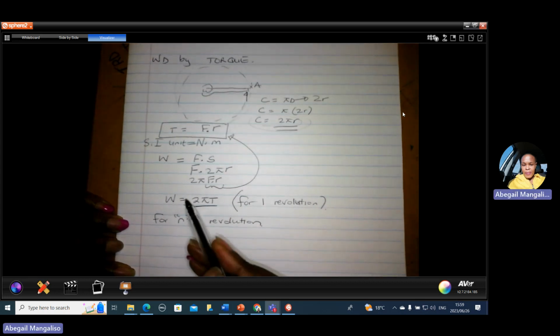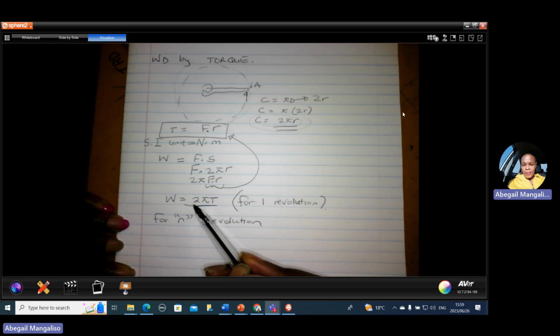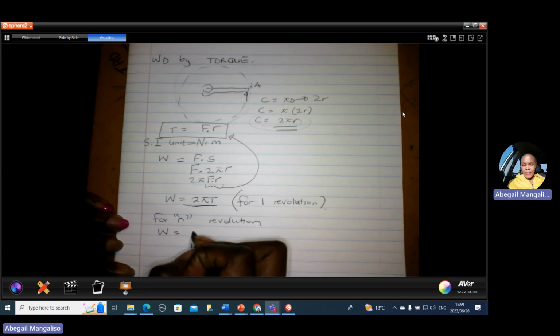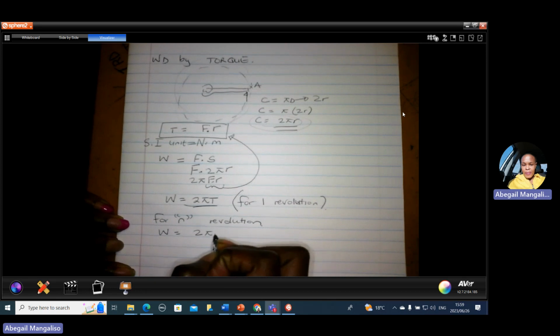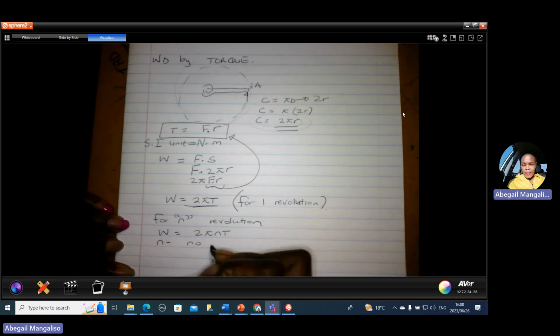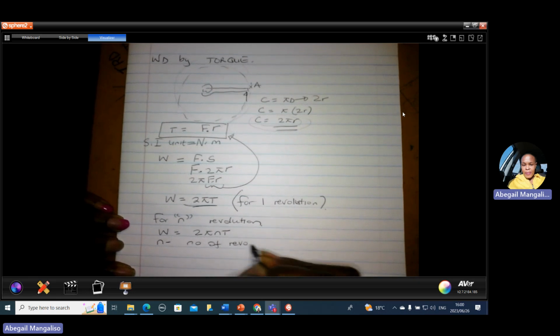If it's 2 revolutions, this formula will be multiplied by 2 because it's for 1 revolution. 3 revolutions multiplied by 3. So if it's 450, 720, or any number of revolutions, this work done by torque will be equal to 2 pi nT, where n stands for number of revolutions.